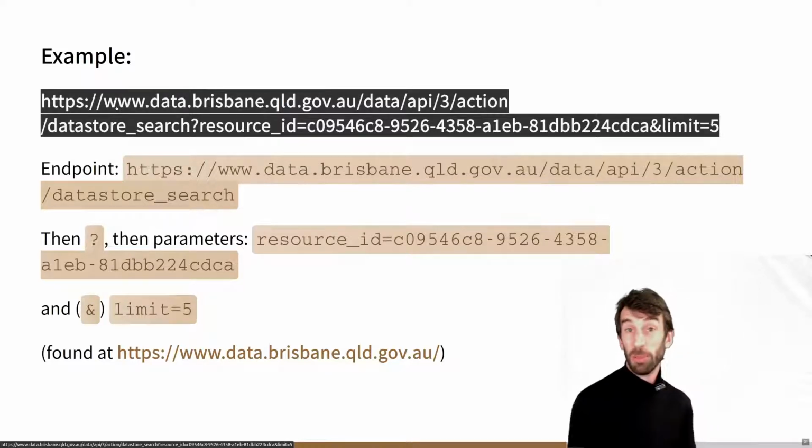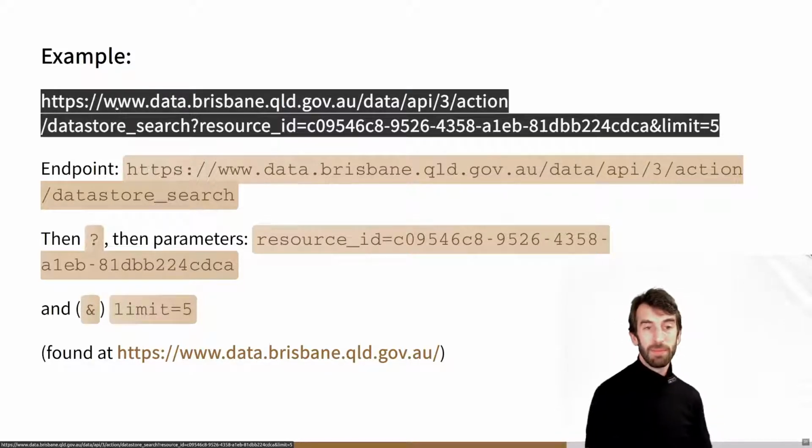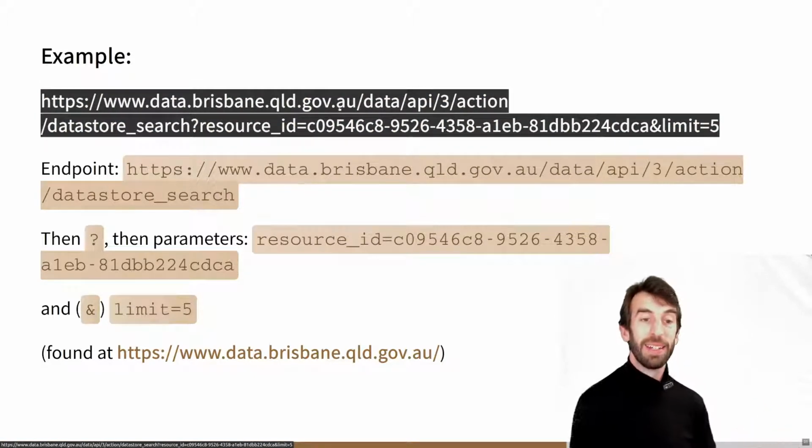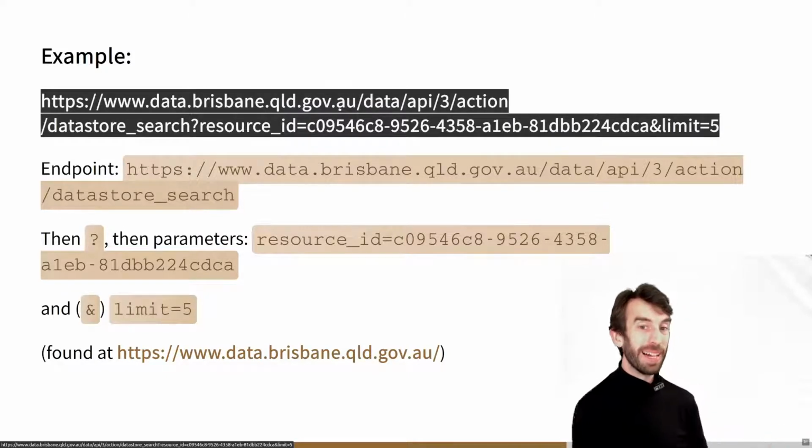And in fact, it is a normal website. Brisbane.queensland.gov.au, well, that kind of looks like the website for the local government of Brisbane, the city in Australia, in Queensland. And data.brisbane.queensland.gov.au, that suggests that it's a website that's particularly to do with data.